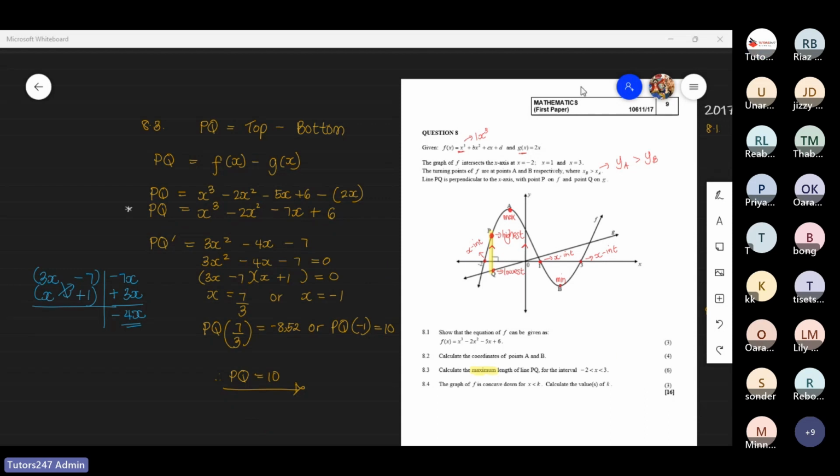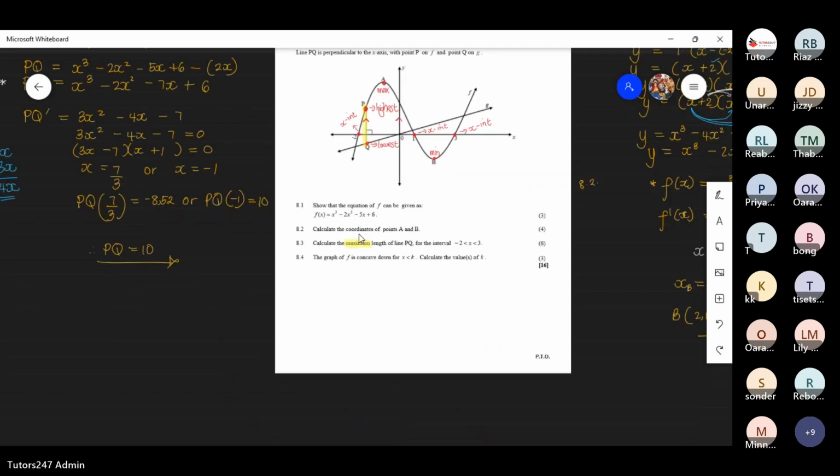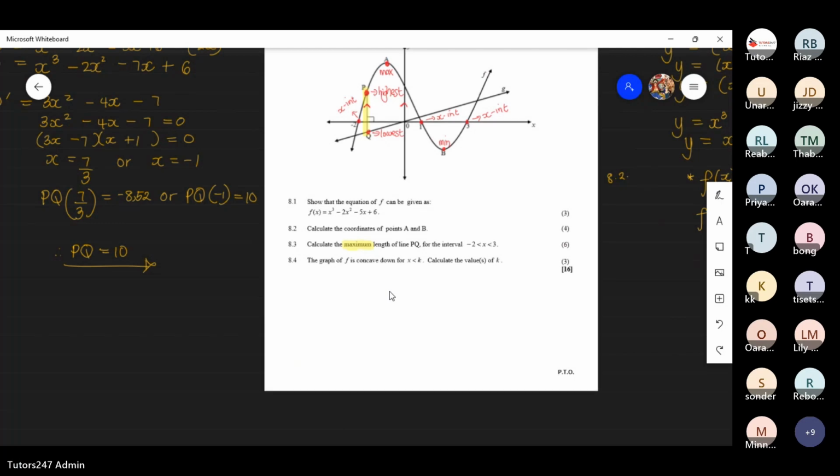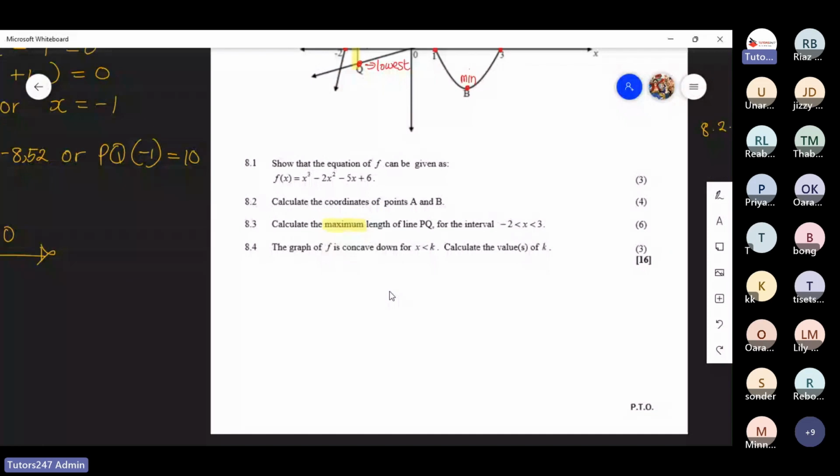So let's have a look at question 8.4. So question 8.4, the graph of f is concave down for x less than k.